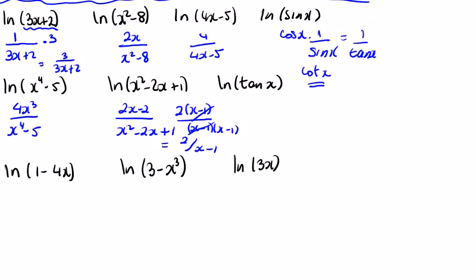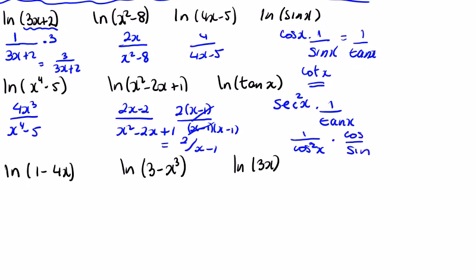Tan x, this one is going to go to tan x becomes sec x, sec squared x times 1 over tan x, which is going to be sec squared is 1 over cos squared, and tan x is cos over sine.